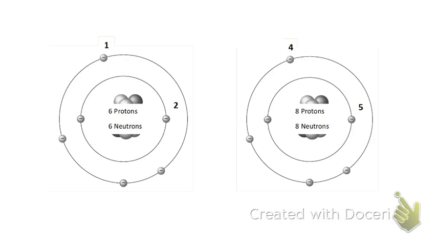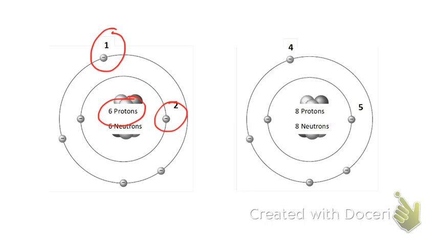Now let's do some thought process here. We're going to compare electron 1 and electron 2 as a little review of Coulomb's law. The nuclear charge on this atom is 6 protons.